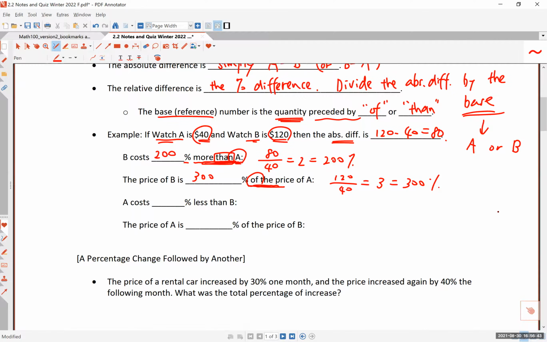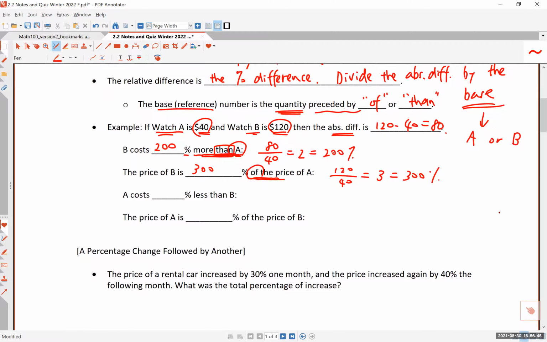All right, let's do two more in the context of these same watches. Let's say watch A costs what percent less than B? Now notice here, this time the reference has changed. Less than B means that we have to consider the price of B as the reference number.